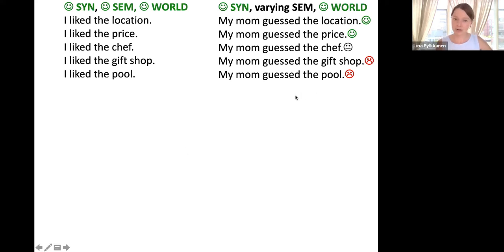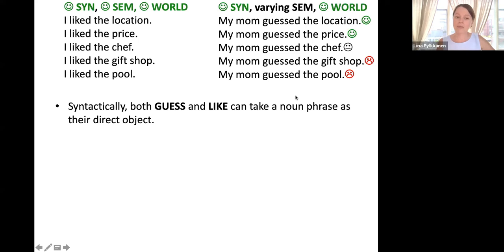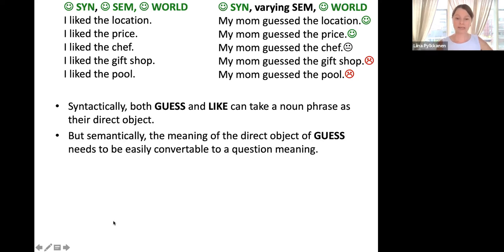So what's going on? Here, what we see is that syntactically, both guess and like can take a noun phrase as their direct object. That's clear because I can say, I like the location. My mom guessed the location. They have that shared syntactic property. However, semantically, the meaning of the direct object of guess actually needs to be easily convertible to a question meaning.